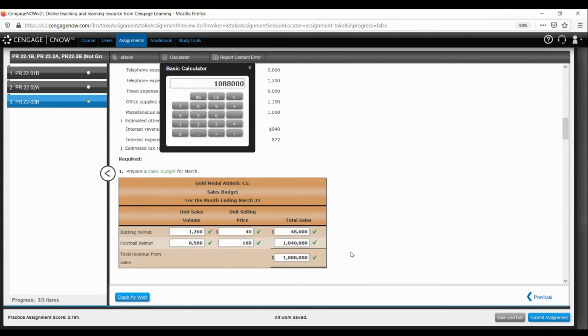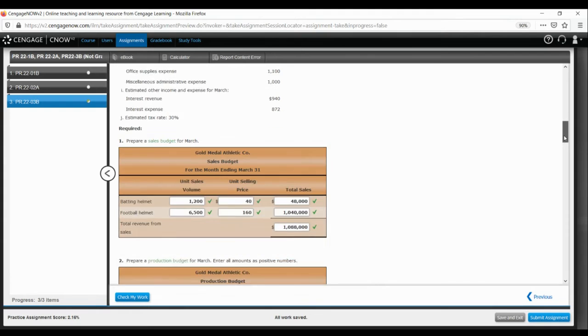Once you've completed your sales budget, and again, you have to prepare that sales budget first, we're going to use this sales budget to help us determine what we actually need to produce for this period of time.